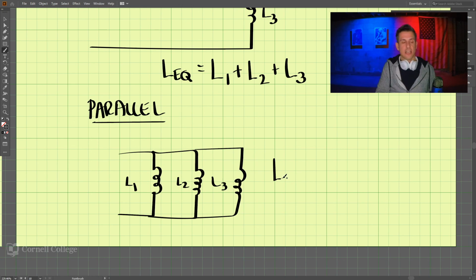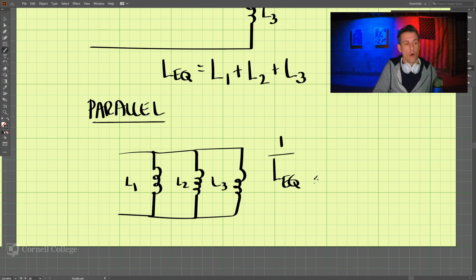To get the equivalent inductance here, we add them together just like resistors in parallel.